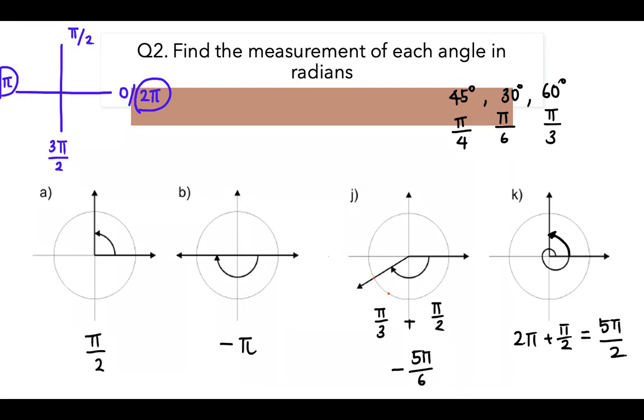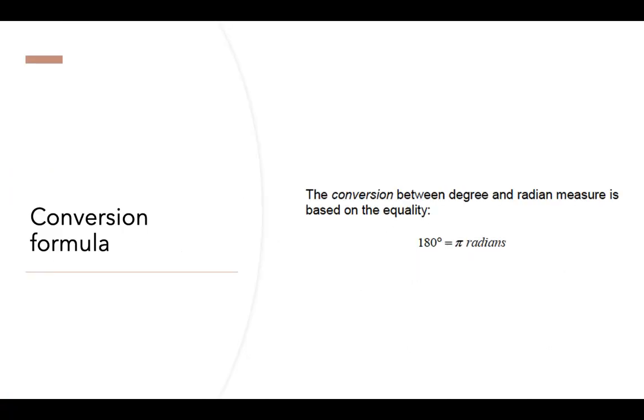So again, this is measuring angles in radians. You may be wondering, what if it's not a special angle and not on a Cartesian plane? There is a conversion formula from degrees to radians or radians to degrees. It looks like this: 180 degrees is equal to pi radians.